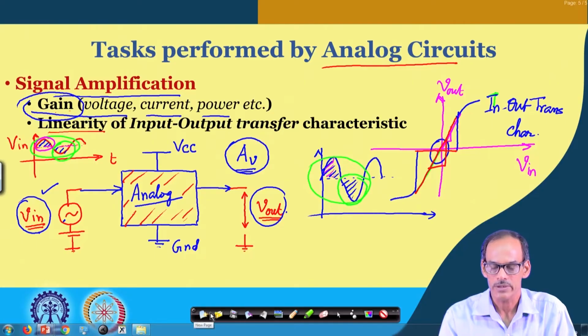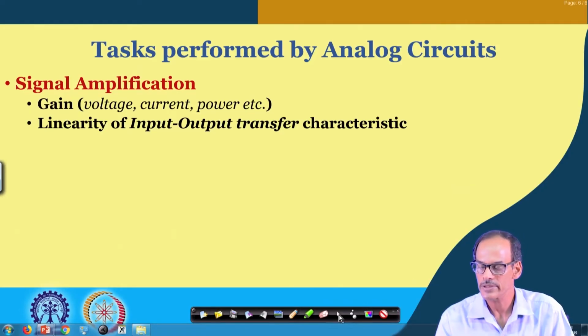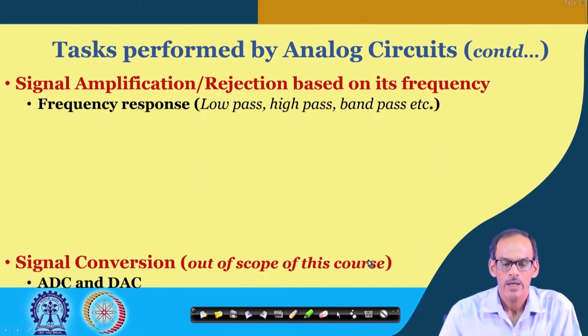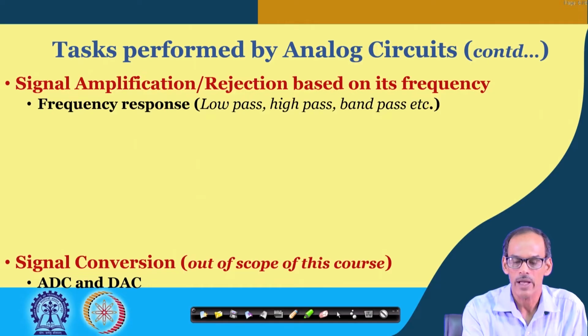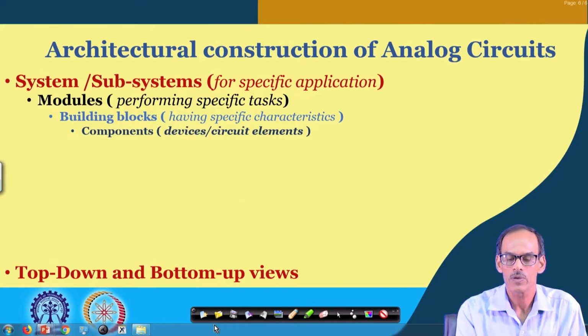Okay, so this is the first task, and then the second task of this analog circuit is very important, it is equally important rather. When we say amplification, we are also expecting how this characteristic may be changing with frequency.